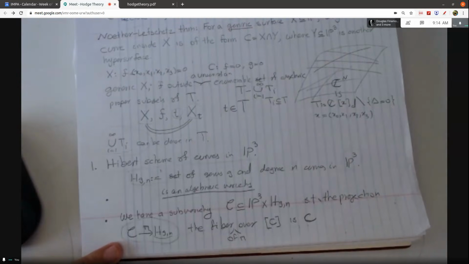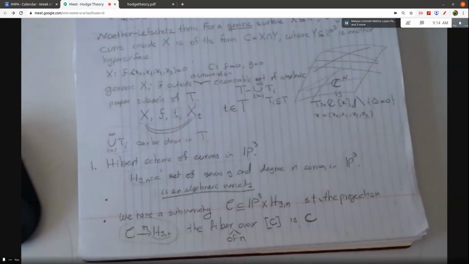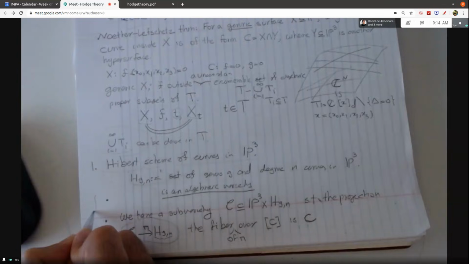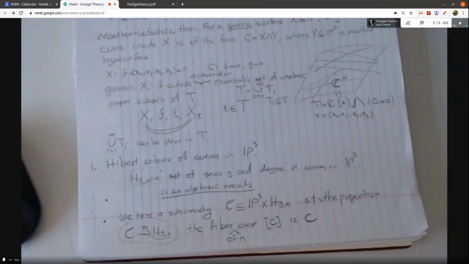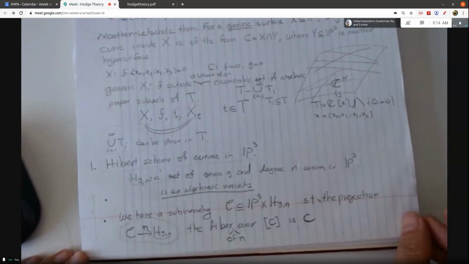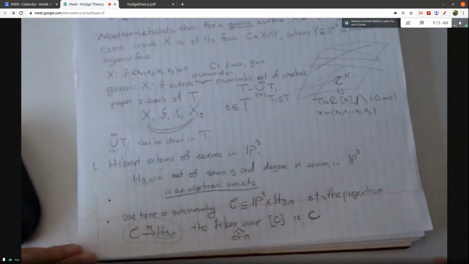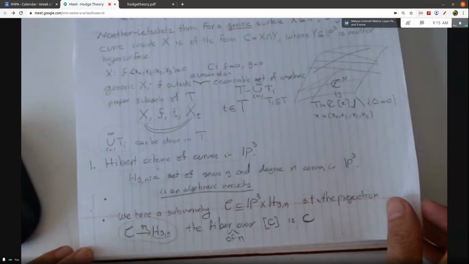And in some sense, there is no curves missing in this family. Okay, so this is something that must be done rigorously. But let's keep this intuitional version of the Hilbert scheme without too much going into construction.